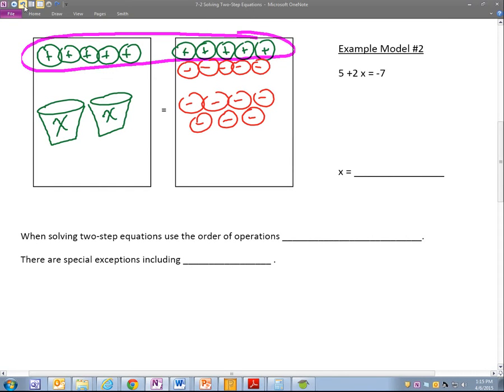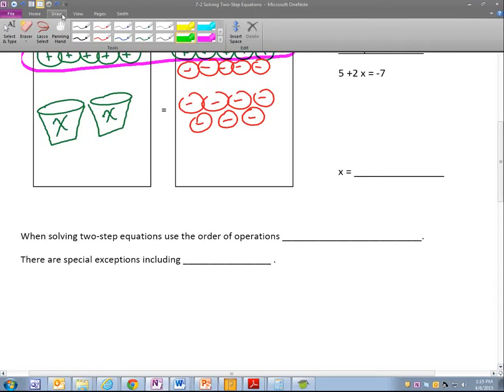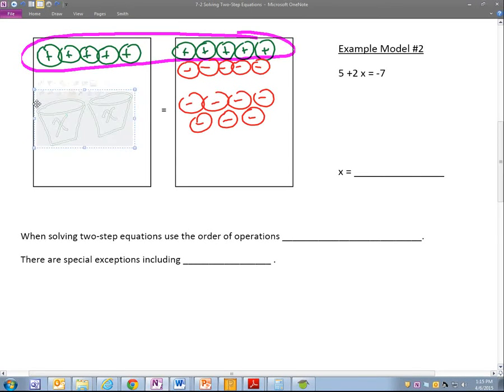Well, there's 12 negative integers that need to fit in those two cups or cans or bins or whatever it is. How many is going to go in each bin, Briley? We have 12 of these, and they're going to go in evenly into these two cans.